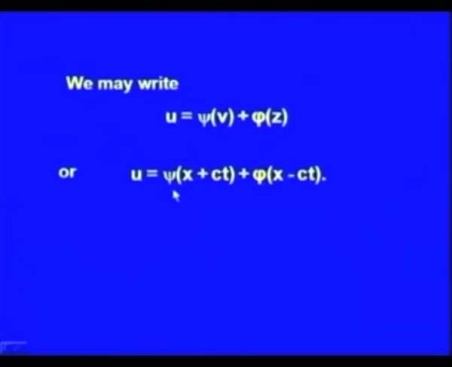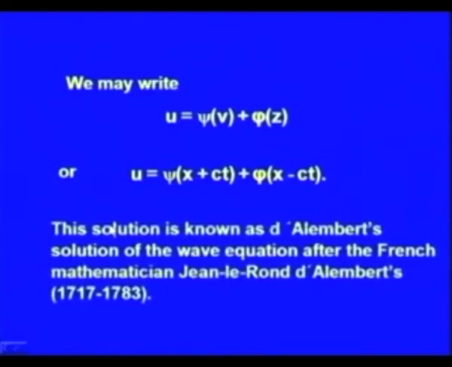So, u is equal to psi of x plus c t plus phi of x minus c t. Now, this solution of the wave equation is known as the D'Alembert solution of the wave equation, after the French mathematician Jean Léonard D'Alembert.